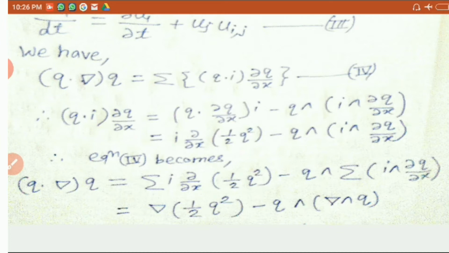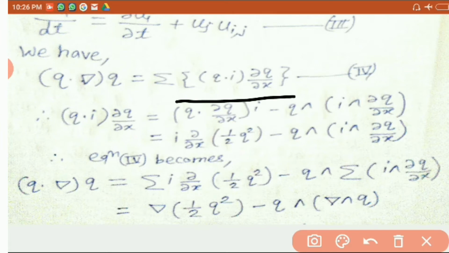This is equation third. We have q dot del q is equal to summation in bracket q dot i dou q by dou x. Suppose this is equation 4.